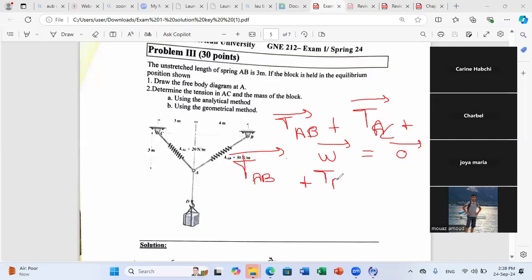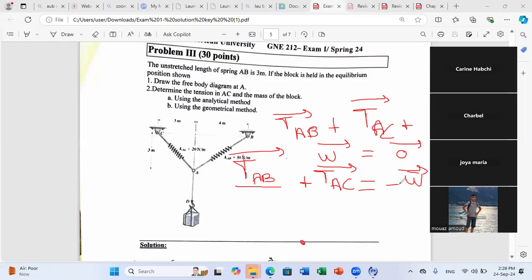And then I will have a triangle in which I will apply sine and cosine law. So TAB plus TAC should be the resultant of this, which is minus the weight. So let me represent this in a triangle. I can start from any point. I'll take any point here. I start by drawing the first vector.